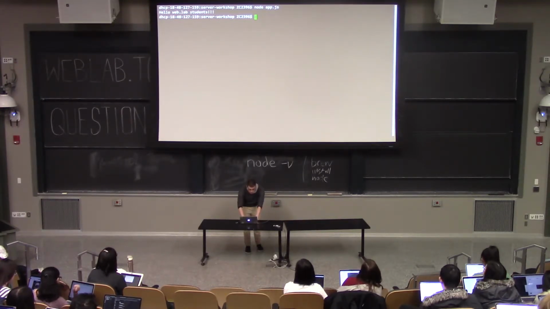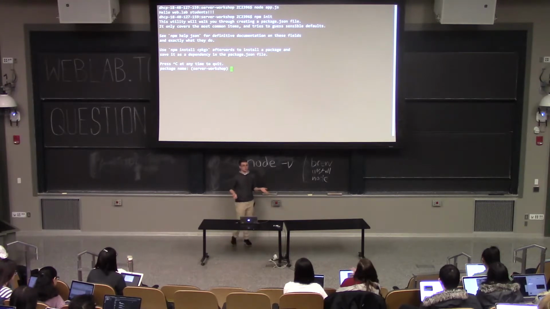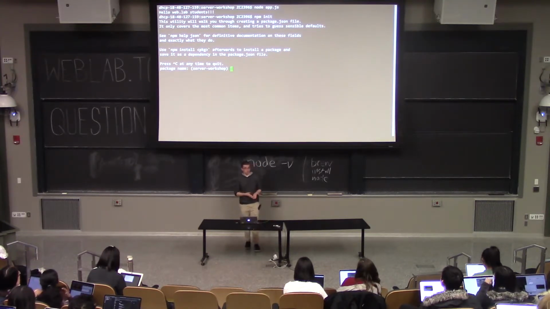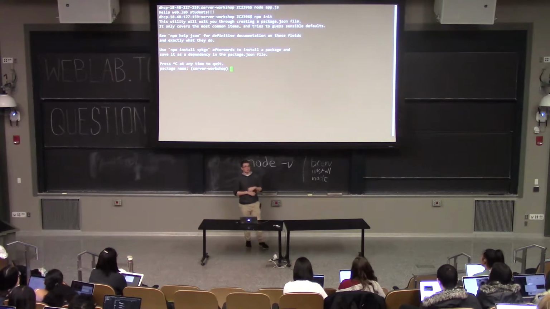If you're in Server Workshop and you type npm init, it will walk you through a bunch of questions about the project. It's basically going to make a file for you called package.json. That file gives you a description of your project, and it also says what libraries are important to use in this project.